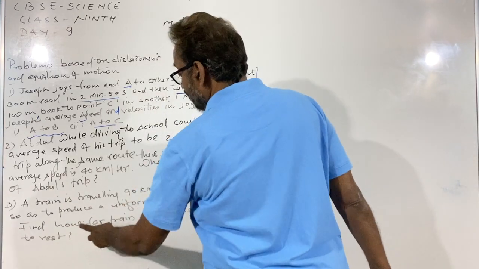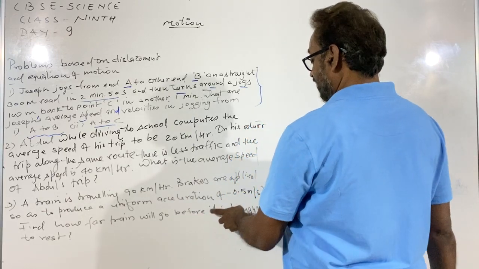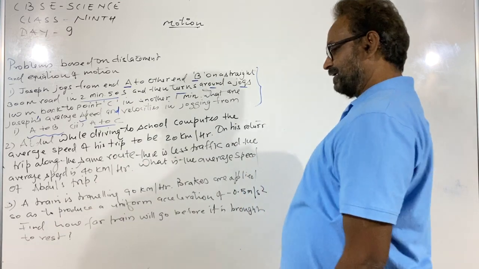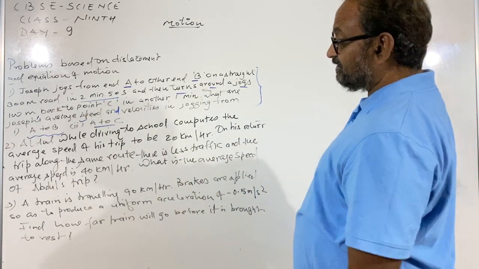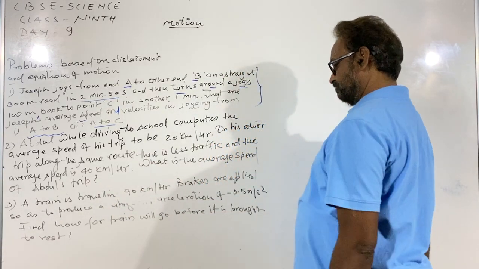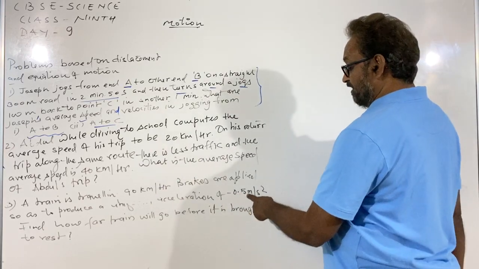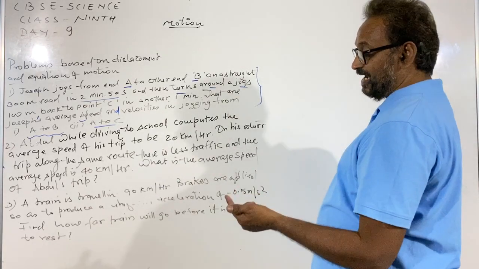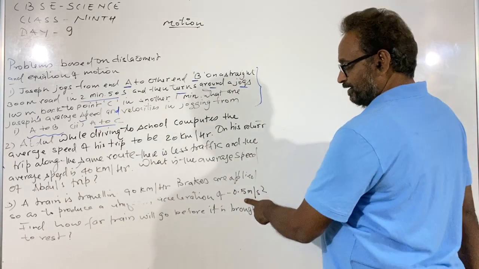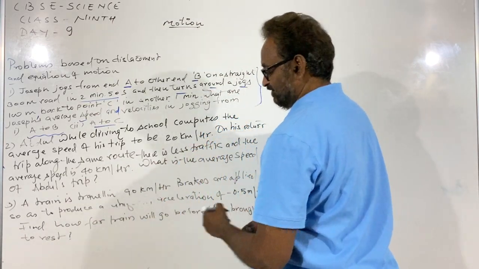Find how far train will go before it is brought to rest. Now in this problem, initial speed of the train has been given 90 km per hour. Acceleration minus 0.5 meter per second square, because the brakes are being applied, therefore negative acceleration being produced. How far, that is distance.